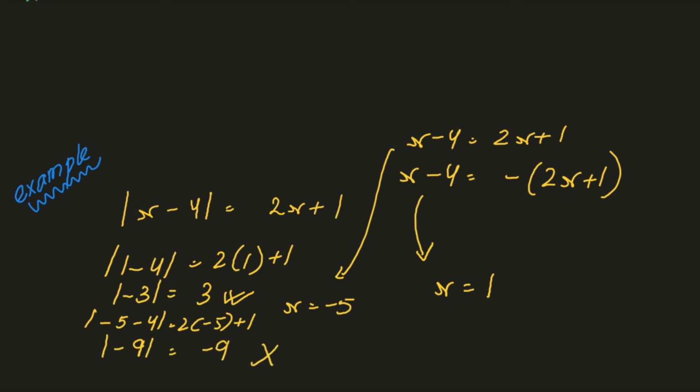No, this is not true, because the modulus cannot be negative. The modulus of minus 9 is going to be 9, and it's never minus 9 because your magnitude can never be negative. So the solution to this equation is simply x is equal to 1.